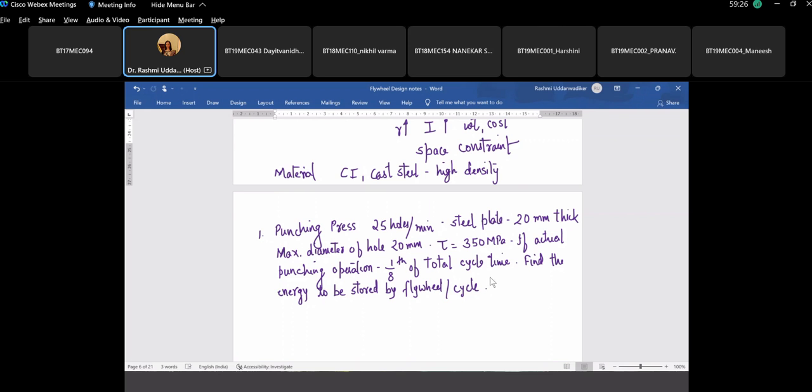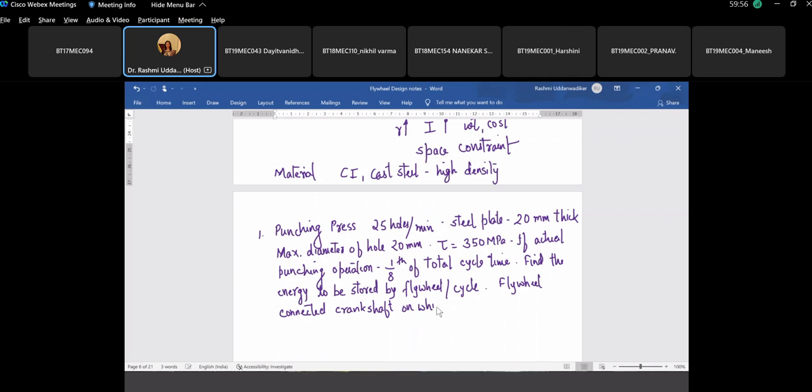Additionally, if the flywheel is connected to the crankshaft on which the punch is located.